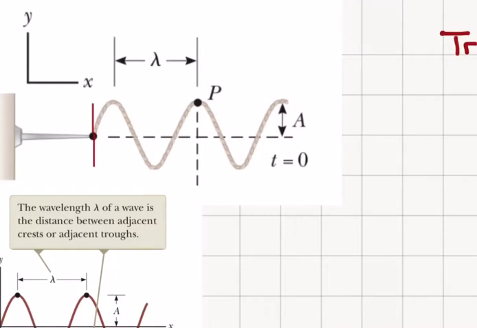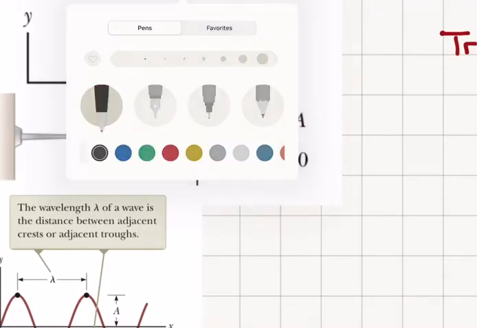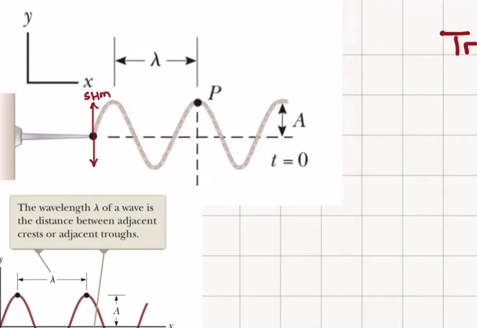As a result, the elements of the string, if I take any point here, for example this point P, will move up and down in order to propagate this wave.